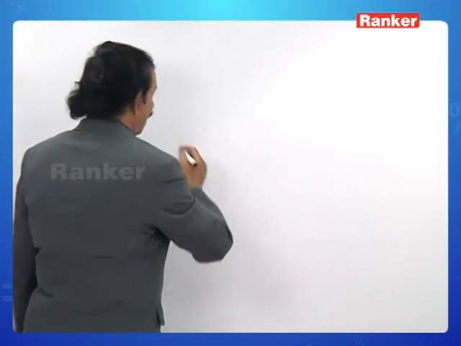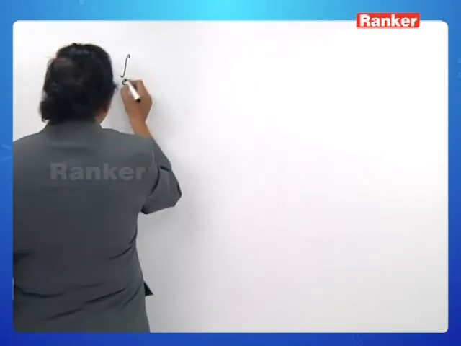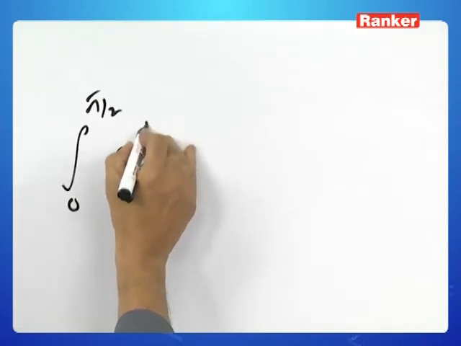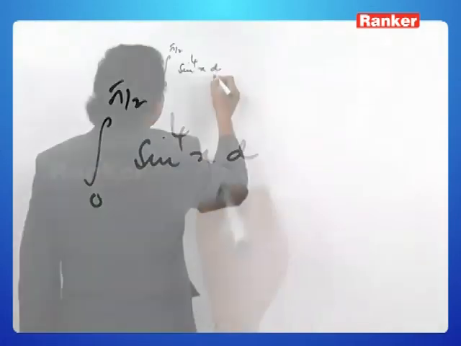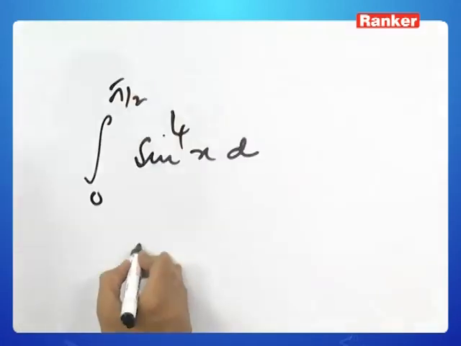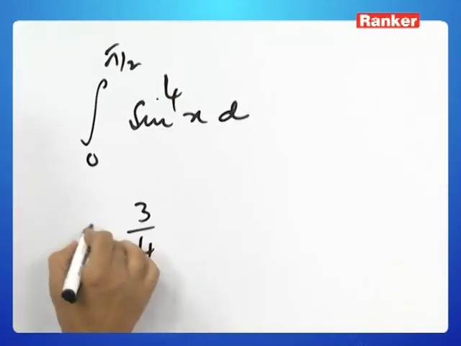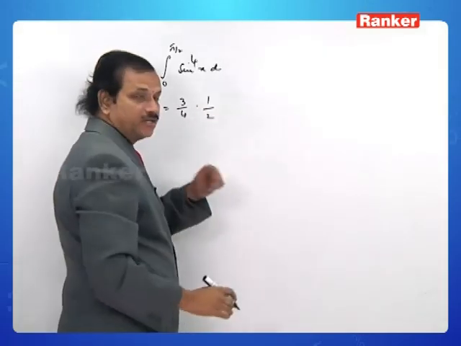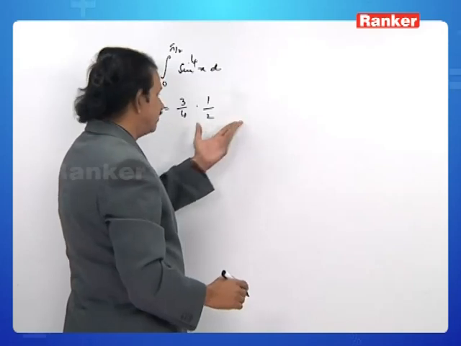You consider the problem: integral 0 to pi by 2 sine power 4x. What is n? 4. n minus 1 by n is 3 by 4. 4 minus 2 is 2. Can you still decrease? No. Here it becomes 0.